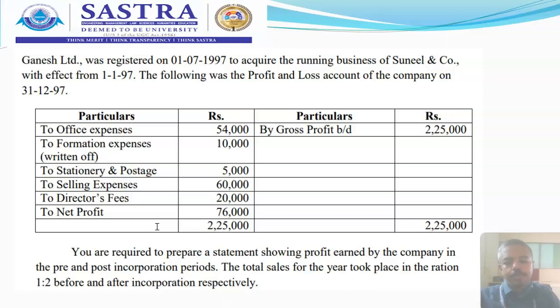We call this term apportionment, which means you are going to allocate the income and expenses based on time or sales towards the pre-incorporation and post-incorporation period. Hence, have the second column as the basis of apportionment. The third column is the total amount.